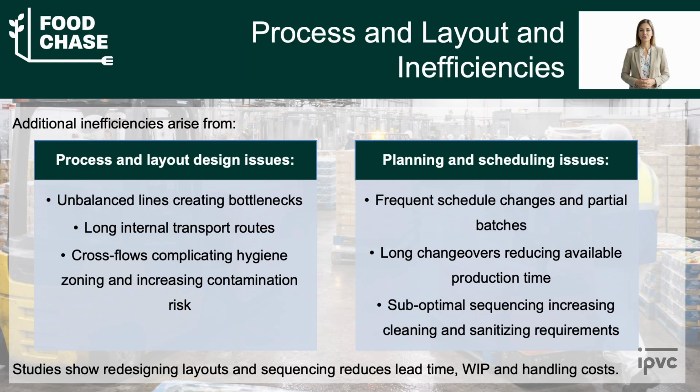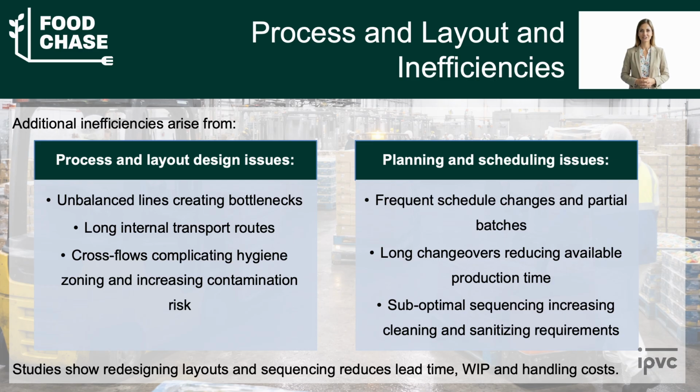In addition to food losses and equipment-related inefficiencies, process and layout design issues also contribute significantly to inefficiency in food processing operations. Unbalanced lines can create bottlenecks and work-in-process accumulation. Poor layout design can lead to long internal transport routes. Cross-flows of materials and people may complicate hygiene zoning and increase contamination risk.